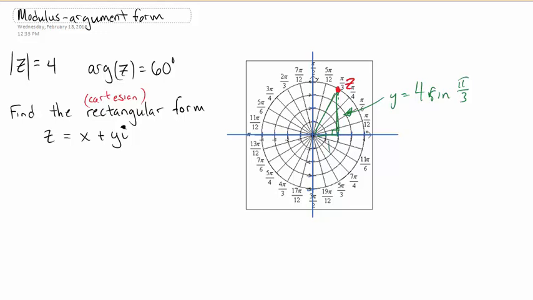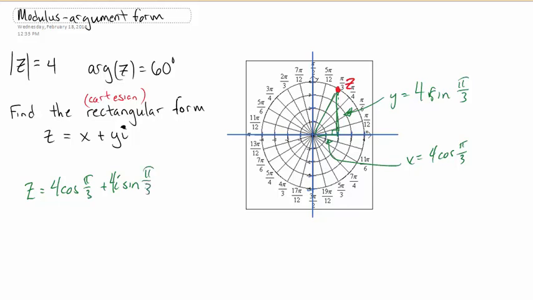The x-coordinate, right here, would be 4, the modulus, times the cosine of the argument. So the rectangular form of this complex number z would be 4 cosine pi over 3 plus i times 4 sine pi over 3.